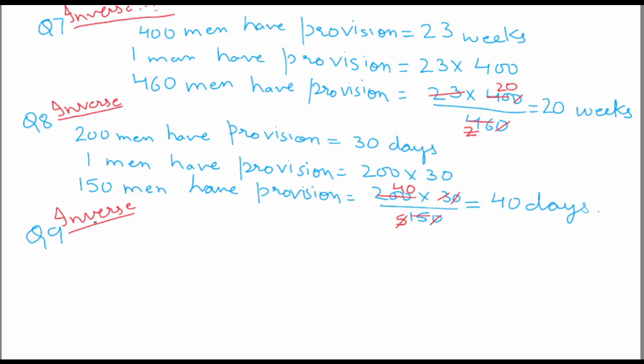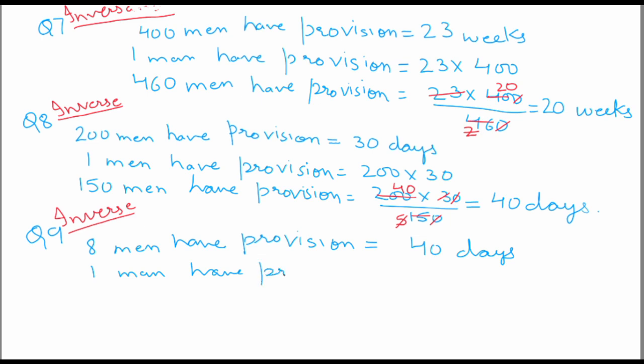So what they are saying, 8 men have provision for 40 days. First of all, one man we have to find out. One man has provision 40 into 8.